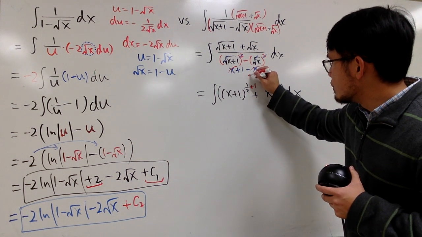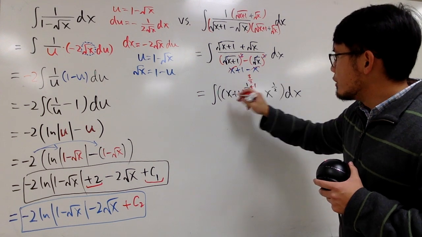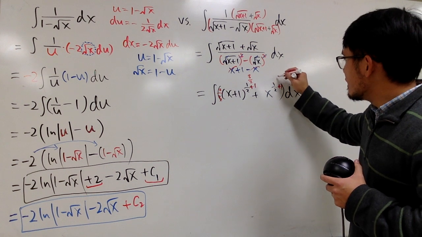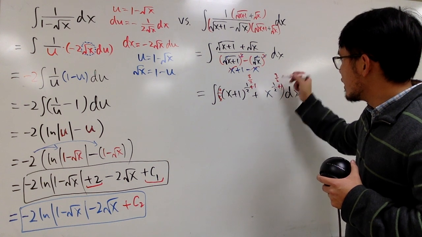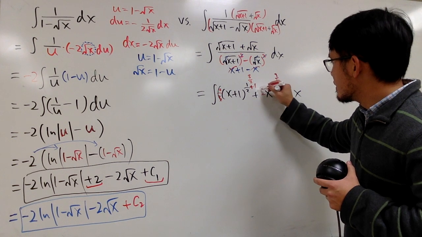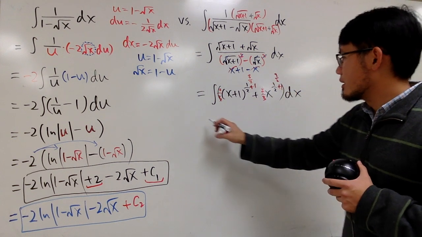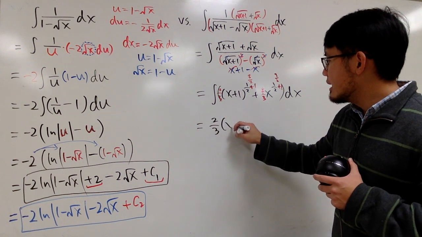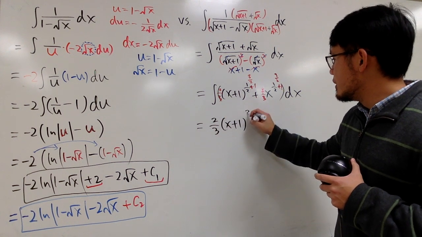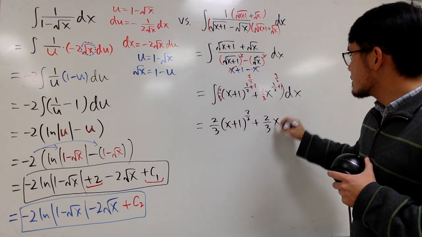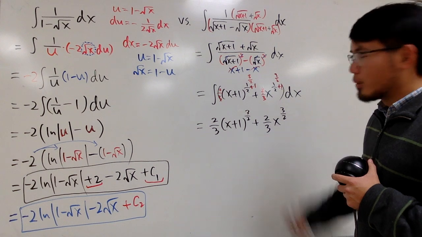So I'll add 1, which is 3/2, divided by the new power, which is 2/3. Likewise here, I add 1, which is 3/2, divided by the new power, which is 2/3, right here. And we're done. I'll write this 2/3 and x plus 1 to the 3/2 power, and we add 2/3 x to the 3/2 power.